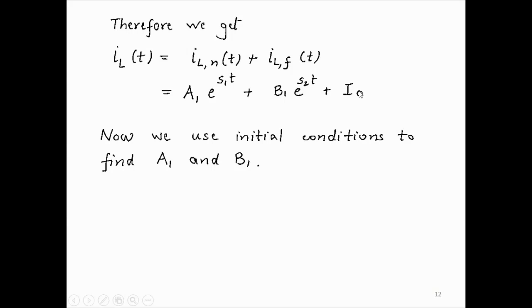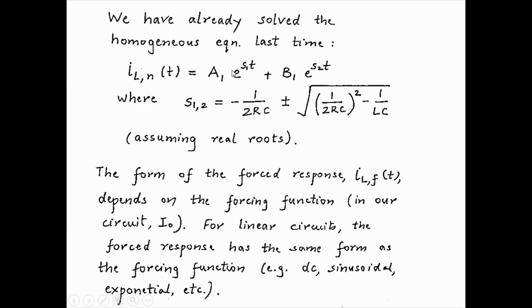Now it is extremely important to remember that a1 and b1, the constants of this solution, must be found only after writing the complete solution. Often what we forget and what we do is, we apply the initial conditions to only the natural solution, and then it will come out with all wrong answers.